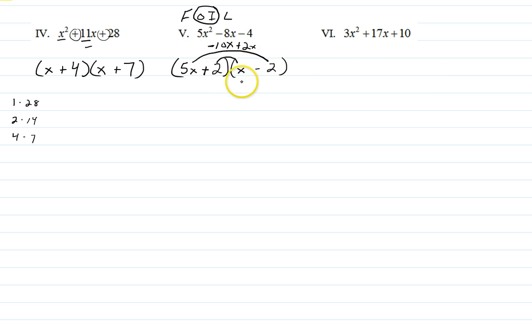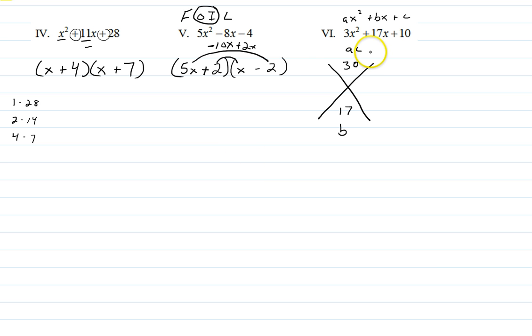So instead of guessing and checking, we do have a way that always works, and that's called the X box method. To do the X box method, we start by writing AC on top. So 3 times 10 is 30. And the B on bottom, which is 17.